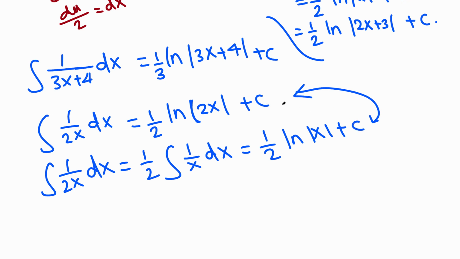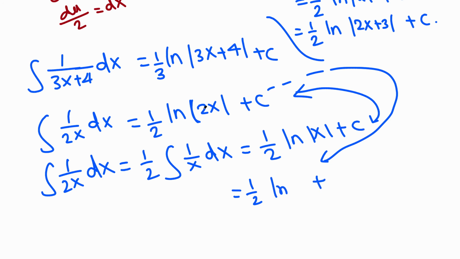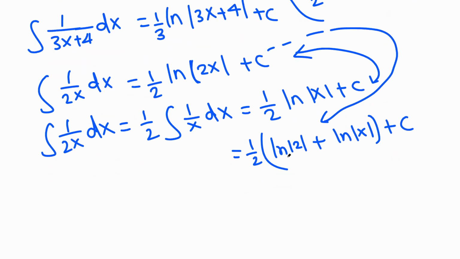They are taking care of the fact that, if you look closely, this one is the same as 1/2 natural log of 2 times x. The natural log of a product is the sum of natural logs, so natural log of 2 plus natural log of x, then plus c. But natural log of 2 is a number, and 1/2 times a number is another number.